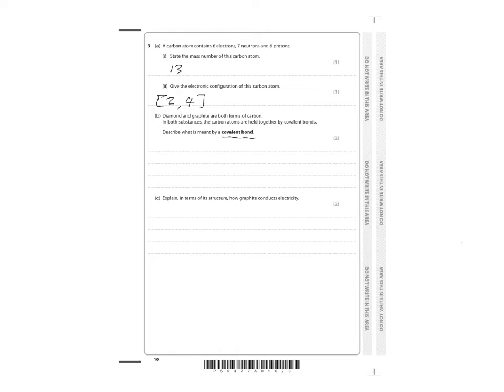The definition of a covalent bond is that it is a shared pair of electrons between two atoms, and that is all you need. Now, many of you put that the electrons were shared, but you didn't put down that they were a pair.